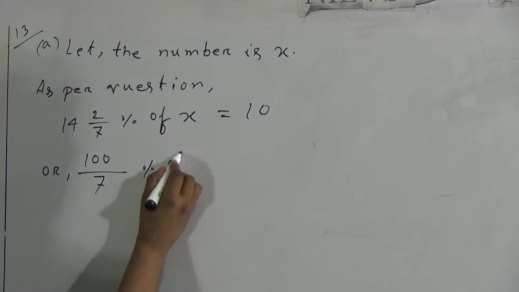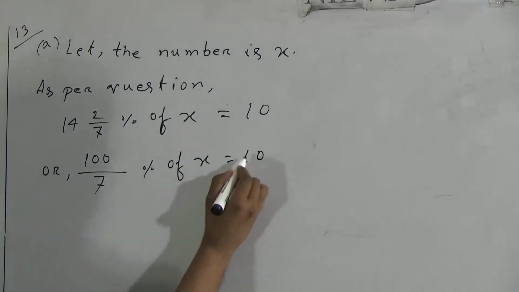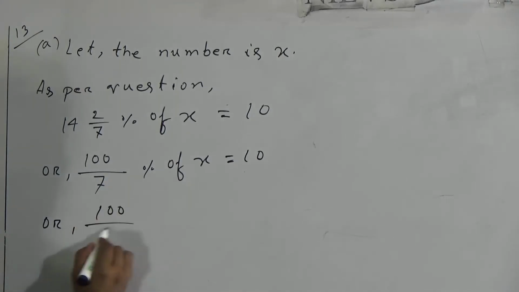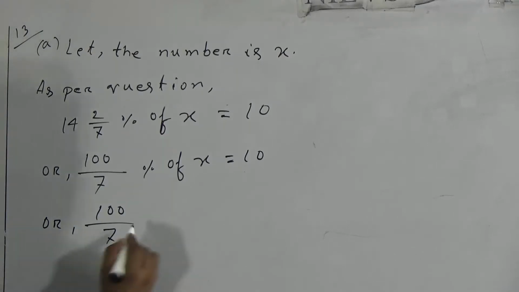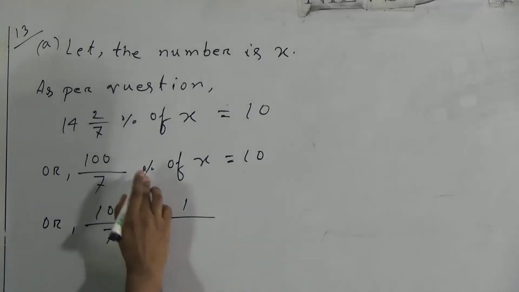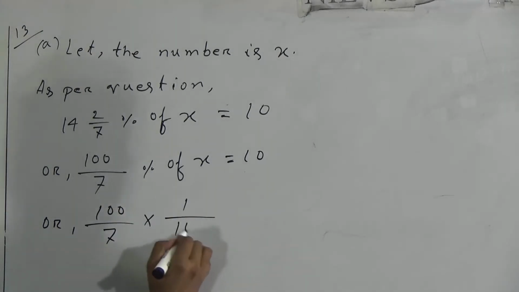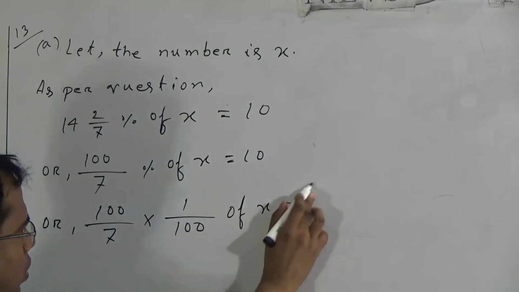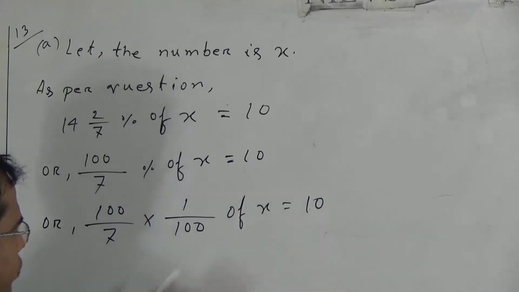100/7 percent of x is equal to 10. Now dear students, what is percent? Instead of percentage we can write 1/100. Percentage means 1/100. So here instead of percentage we can write 1/100 of x is equal to 10.